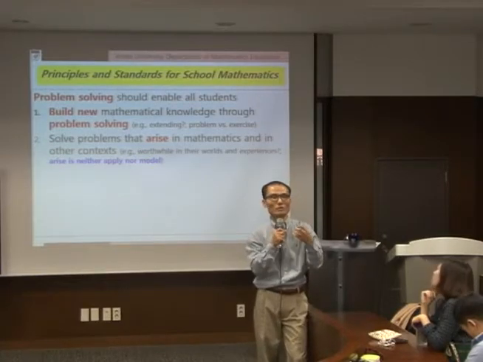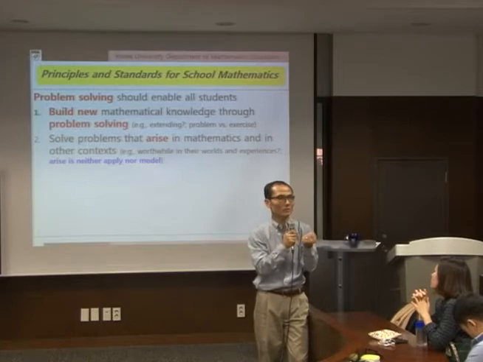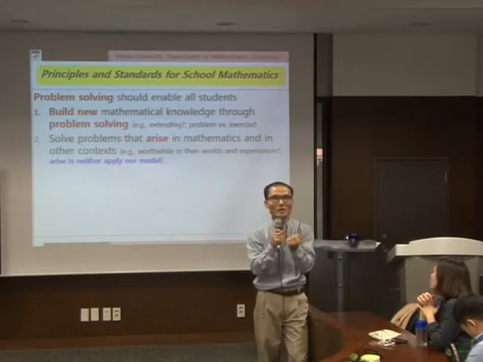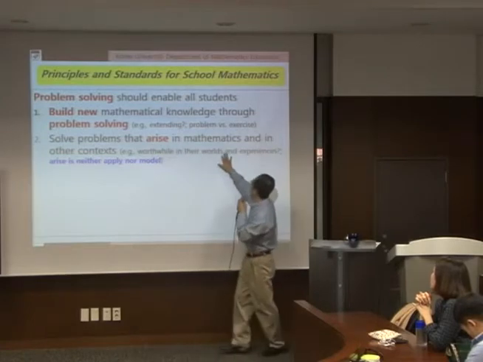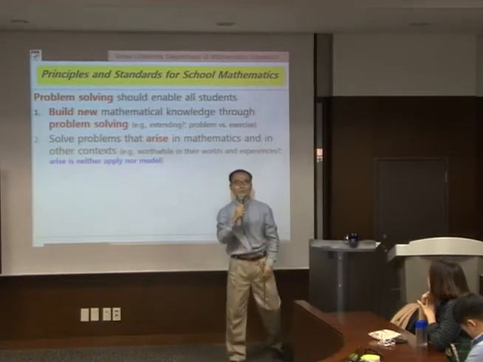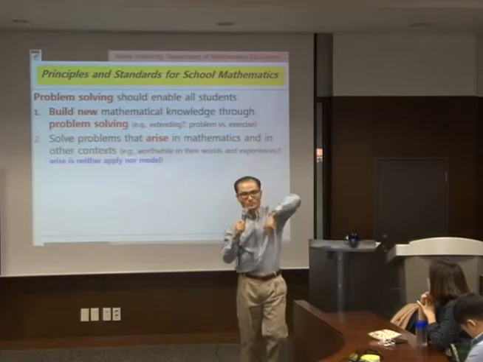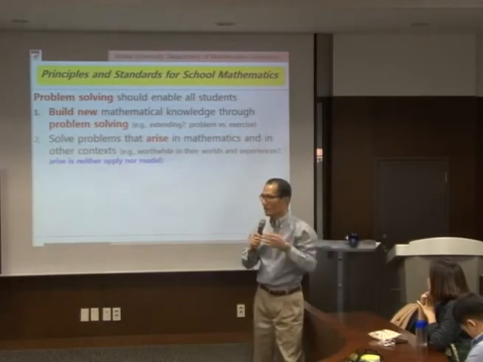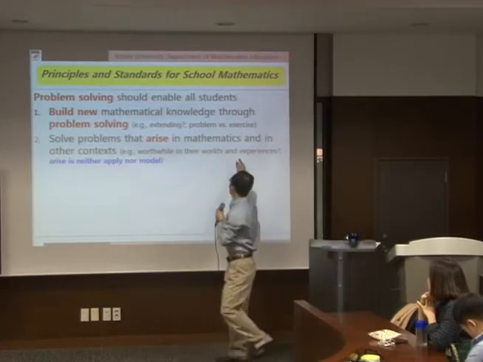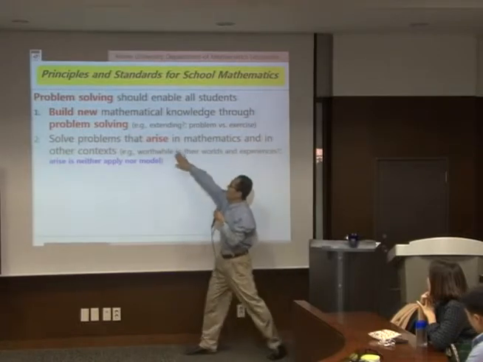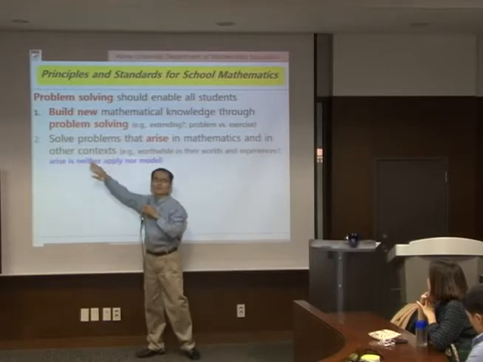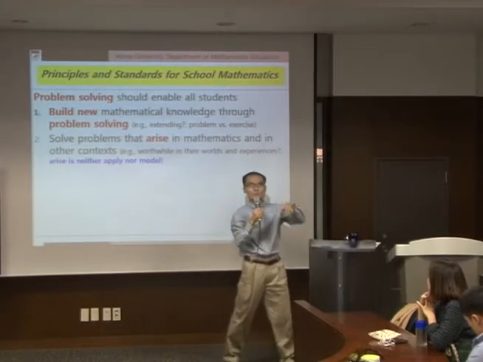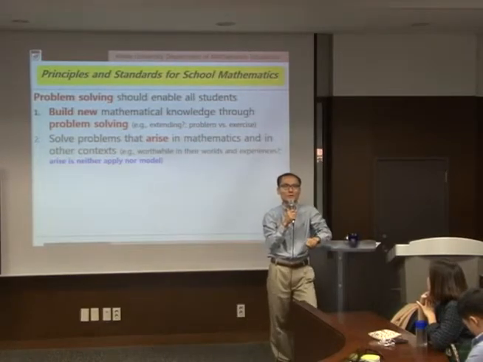In other words, students may be much more comfortable solving arise problems, because here it is worthwhile in their world and experiences. Let me give you an example. How can you make a problem arise from other contexts, not only in mathematics but also in other contexts?